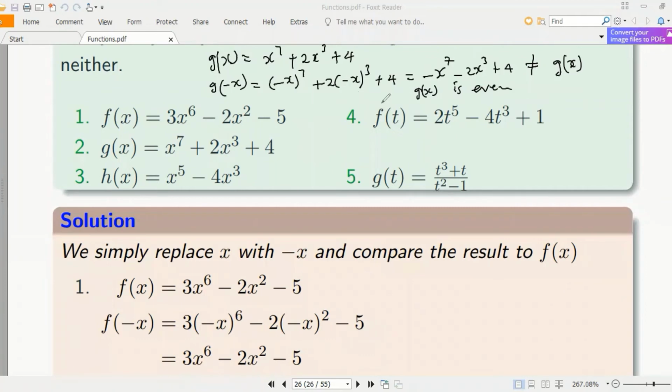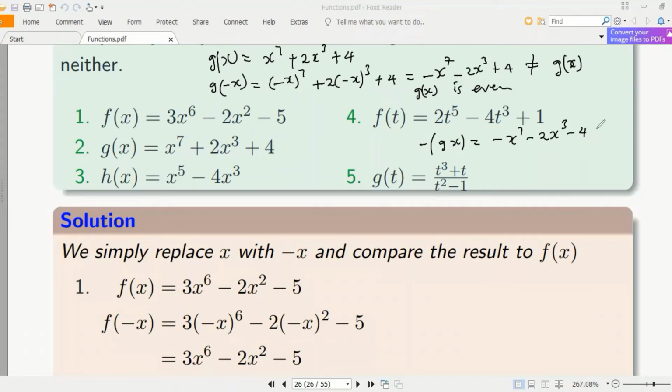So if it's not even, then we proceed to find out whether it's odd. To find out whether it's odd, I need to multiply g of x by negative. So negative times g of x will be negative x raised to 7, negative 2x, and negative 4.